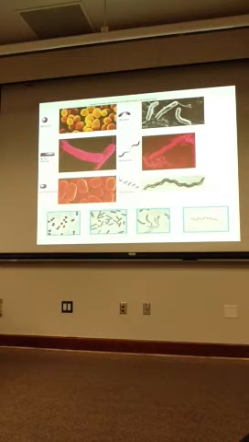And then for gram positive coccus, you can have streptococcus or staphylococcus. Streptococcus are the ones in chains, and staphylococcus are in clusters. And then Vibrio is associated with cholera.